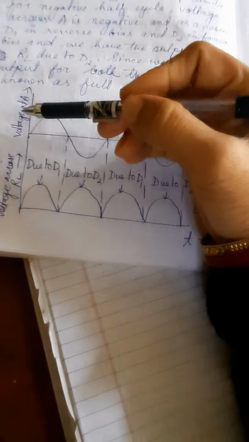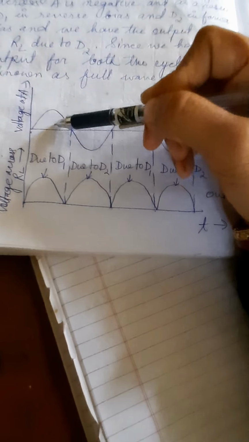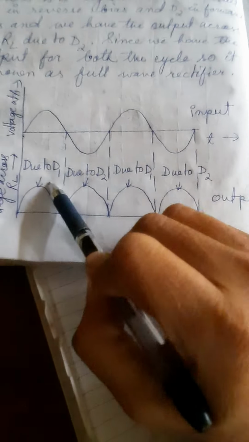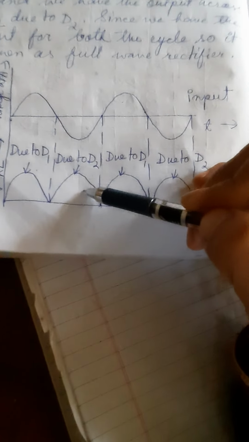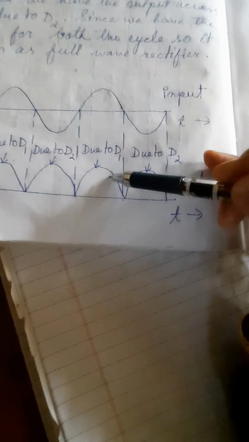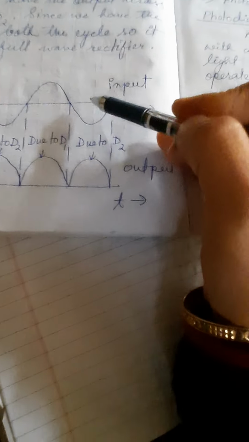For the positive half cycle we have the output due to diode D1, and for the negative half cycle we have the output due to D2. Again for positive we have the output from D1, for negative we have the output from D2.